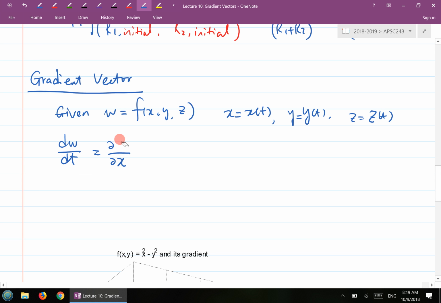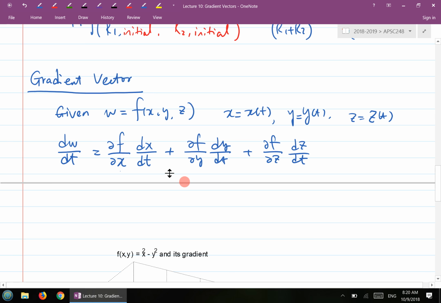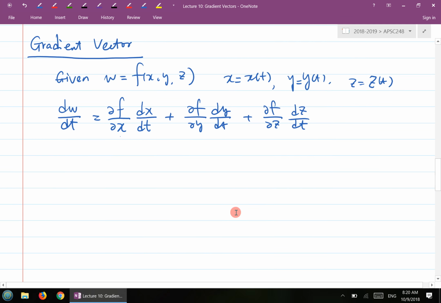Let's use f right here. So partial f over partial x, times dx over dt, plus partial f over partial y, times dy over dt, plus partial f over partial z, times dz over dt. That's nothing new, it's the chain rule for partial derivatives.